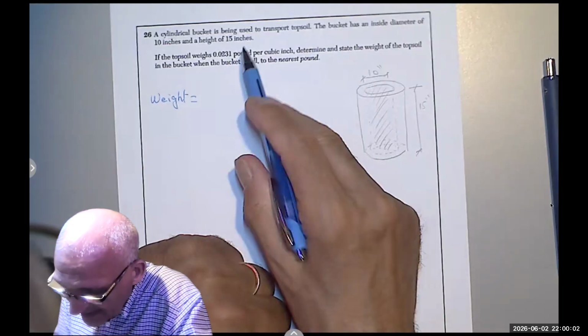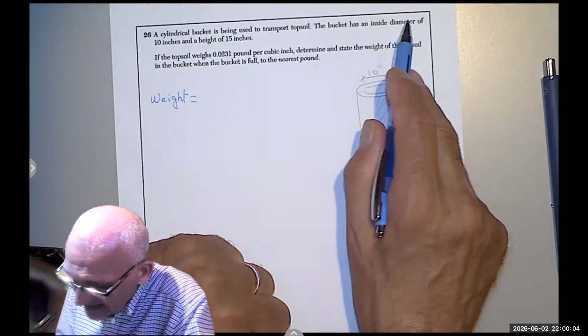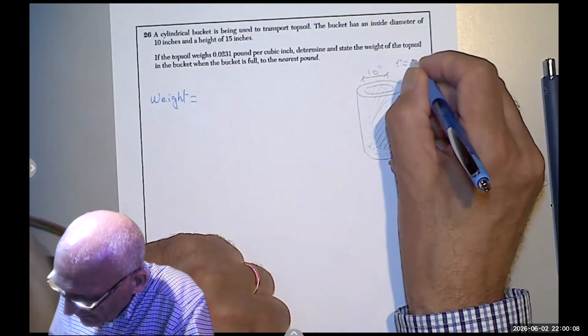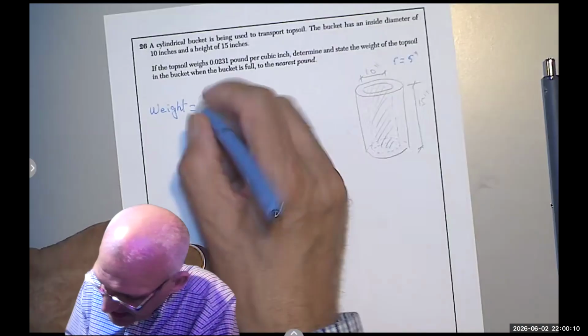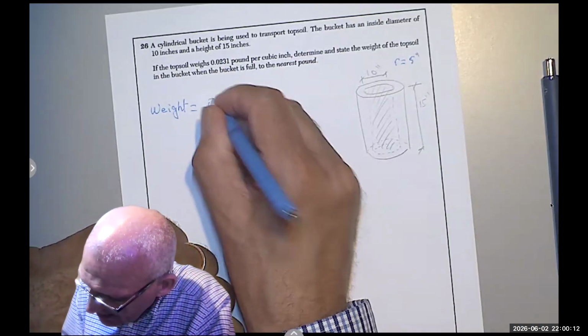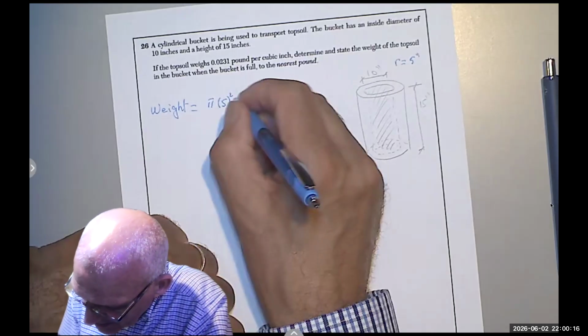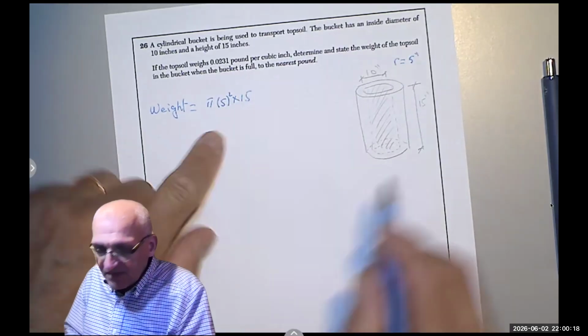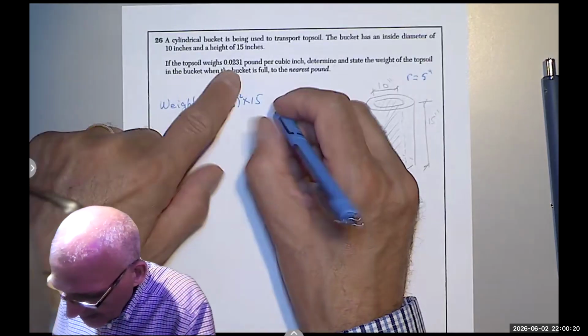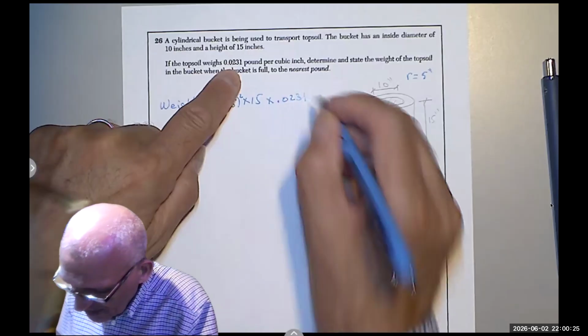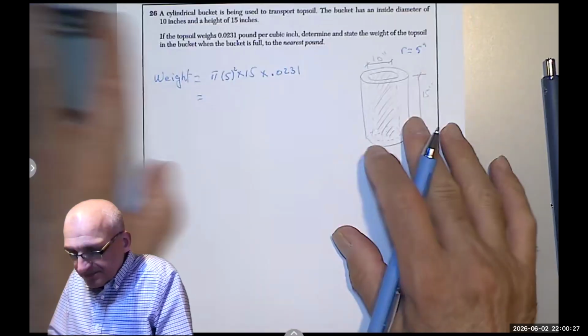Now, if the inside diameter is 10 inches, then r would be 5 inches. So here we can say pi times 5 squared times 15, that would give me the volume. And then I multiply it by the weight per unit volume.